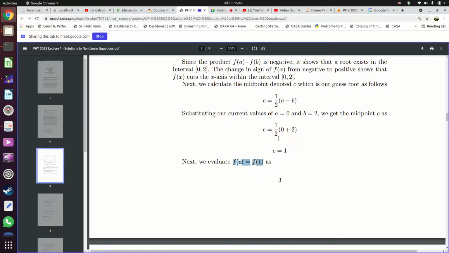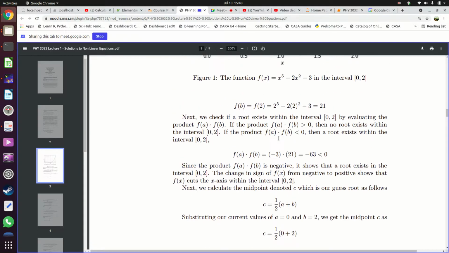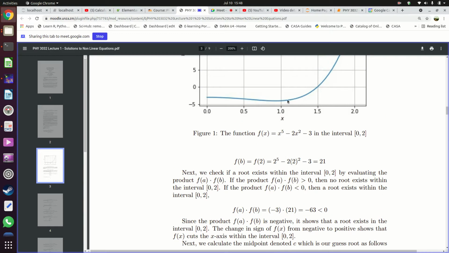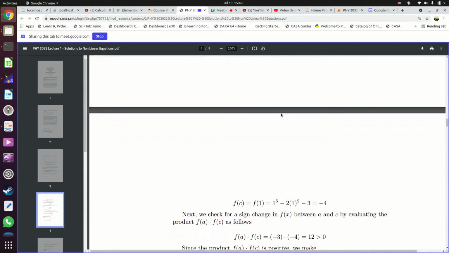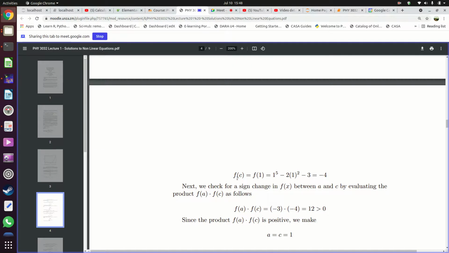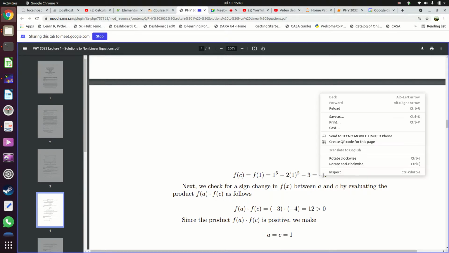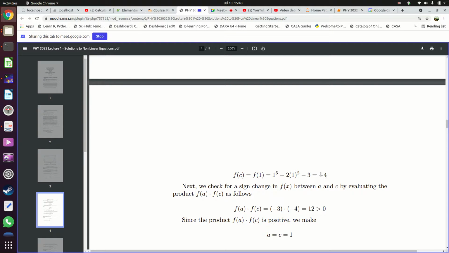From the graph you can see the value of the function at 1 is negative. So f of c is equal to f of 1, which is 1 to the power 5 minus 2 times 1 to the power 2 minus 3, which is equal to minus 4. So f of c is negative.